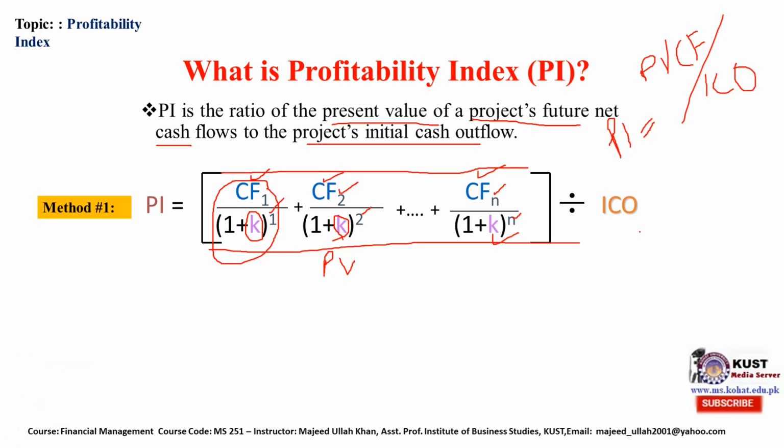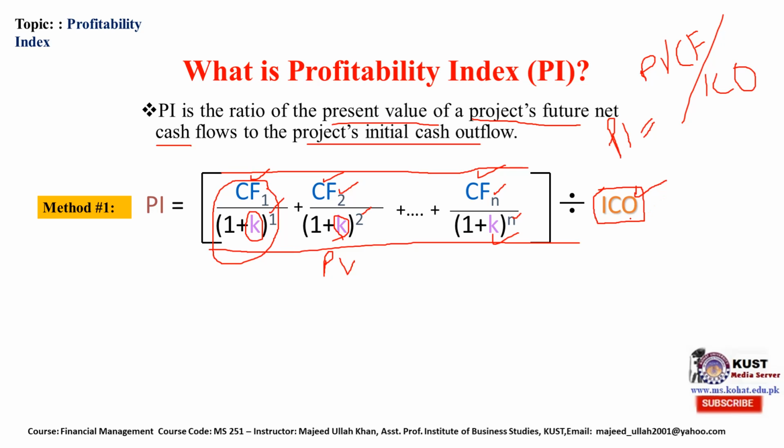We have already discussed in an earlier lecture that before undertaking any project, a firm will incur some costs. These costs in the form of cash are called initial cash outlay. If it is machinery, then the cost of machinery and installation.